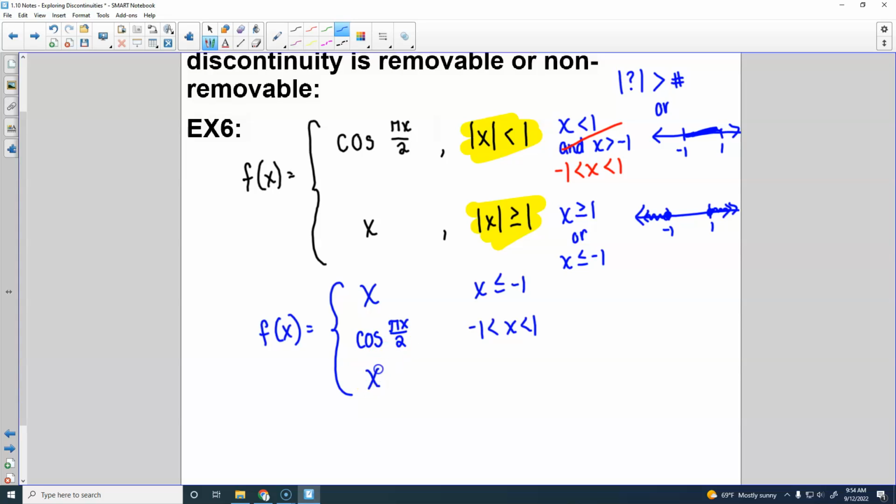And then you'll see x again when x is greater than or equal to 1. I have not seen this notation with those absolute values used a lot, but I have seen it, so I wanted to go over that here. A lot of times they'll just give you the function where it looks like this from the very beginning.